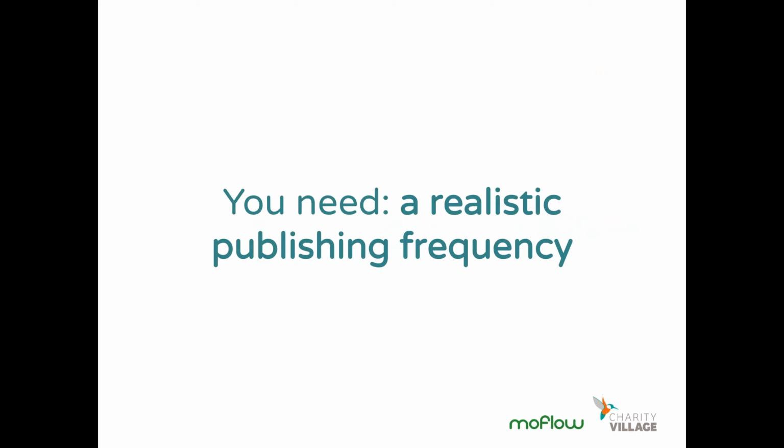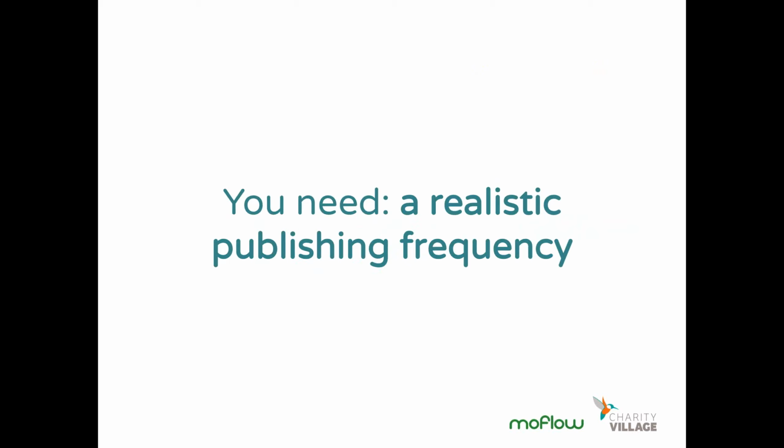Think about the processes and systems and sign-offs that you have internally. Think about the people that you will need to rely on for their skills or, again, for their approvals. Think about the technology you need in place if you don't have everything you need in place now. And also think not just about content creation, but promotion and the time you're going to need to invest in getting each blog post seen.